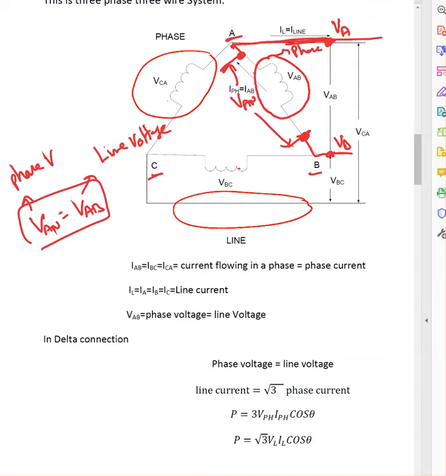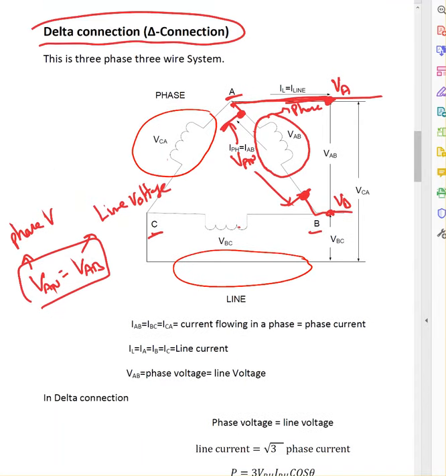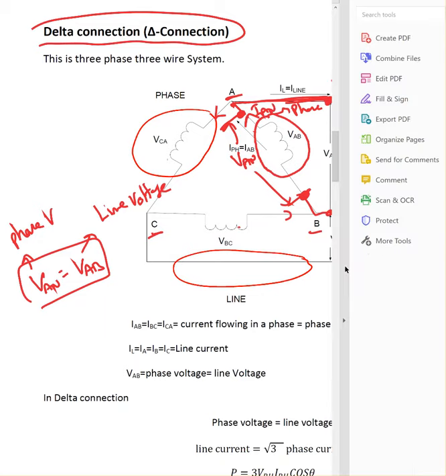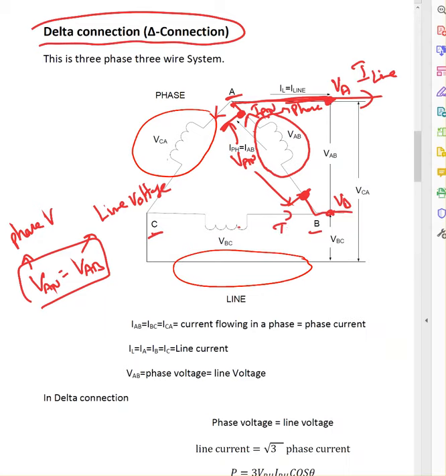Now when it comes to the current, okay, here every current is going in or out, right? So this is the line current, I line. The phase current here, say this is going out and this must be coming in, because every current is going out of each phase. So this is IAN, this must be IBN, and this must be ICN.